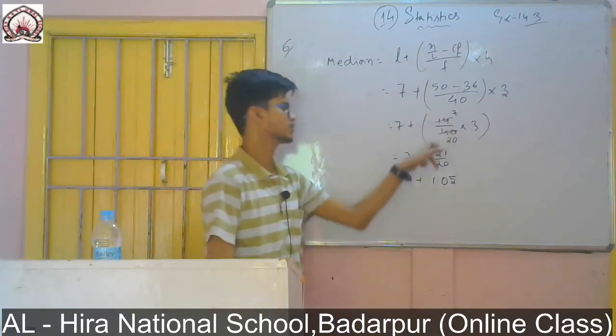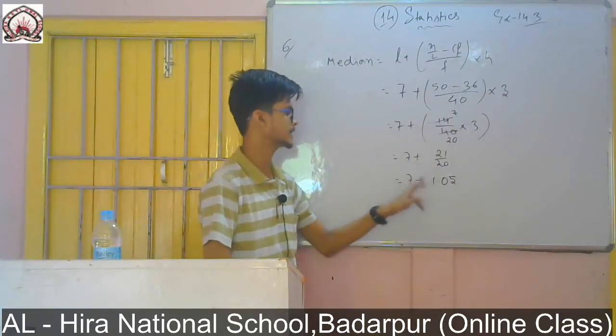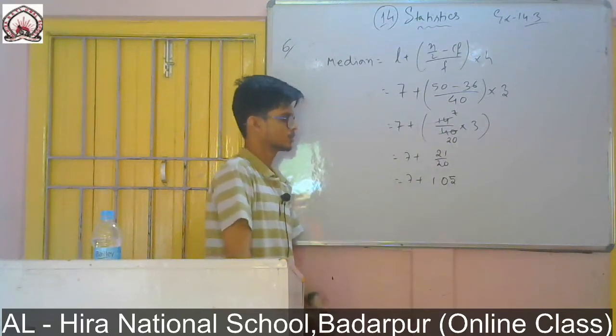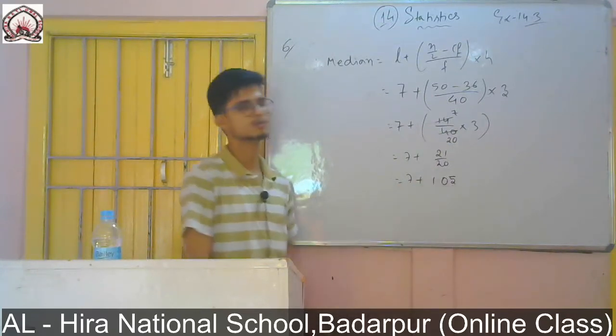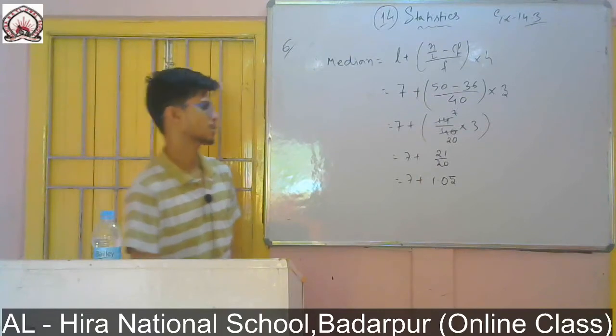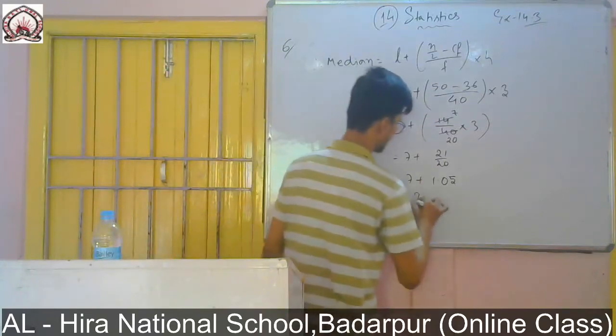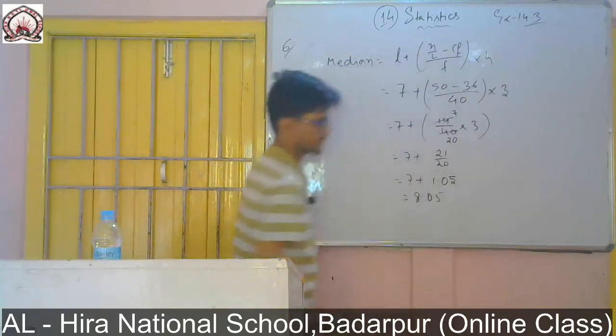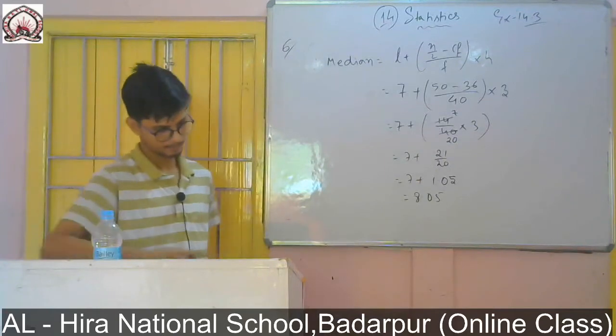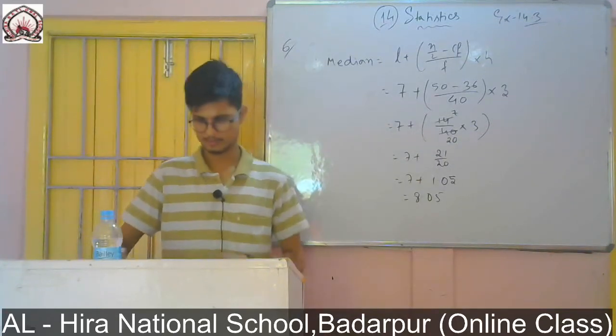So 7 threes are 21, and 21 divided by 20 gives 1.05. So 7 plus 1.05 means 8.05. This is the required median of this data.